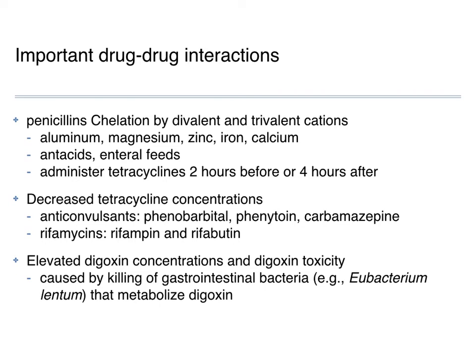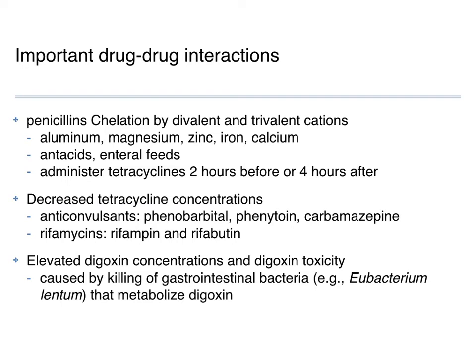So drug-drug interactions, again, sorry, penicillin's kind of crept in there, I don't know why. These don't interact with penicillin, so just cross that off, sorry. However, there is chelation with divalent and trivalent cations, and so what this means is if you don't space these drugs from things like aluminum, magnesium, zinc, iron, calcium, then you'll have chelation, and essentially you'll be giving the person placebo doxycycline, basically.